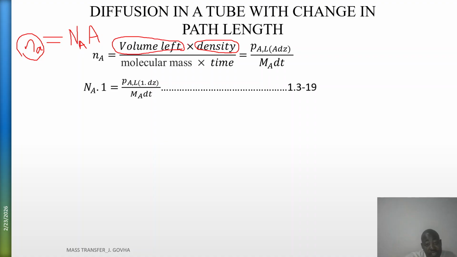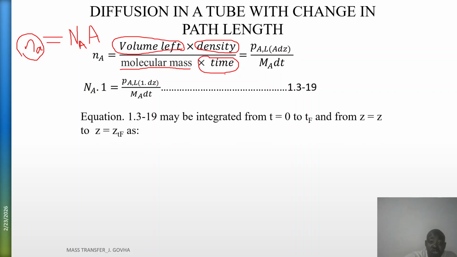That mass divided by MA gives us the number of moles that have left over the time duration.